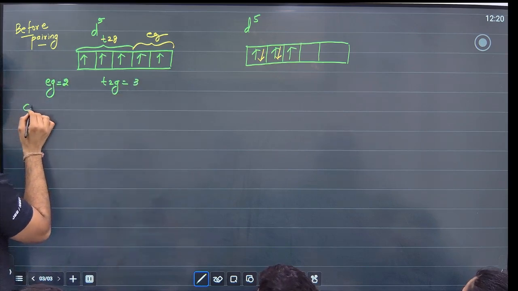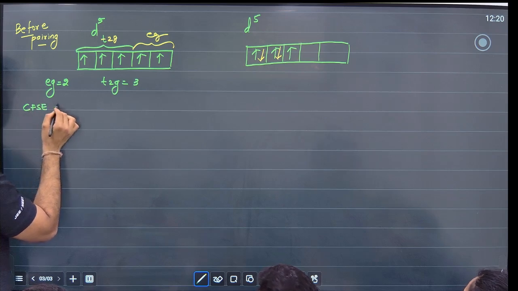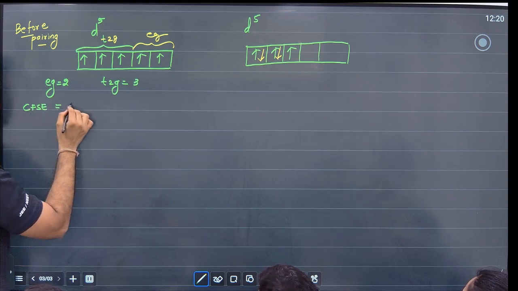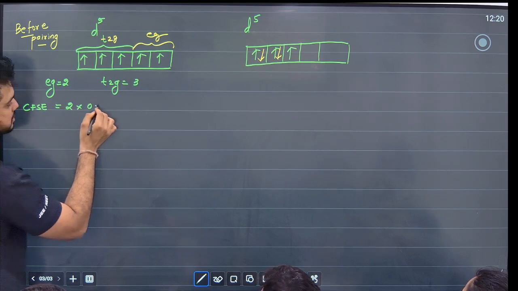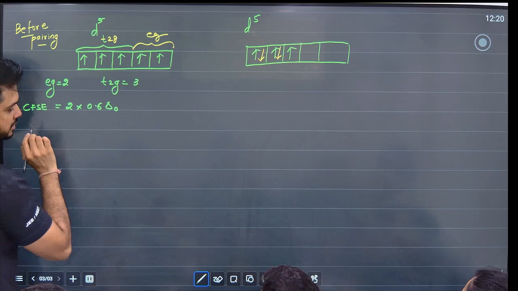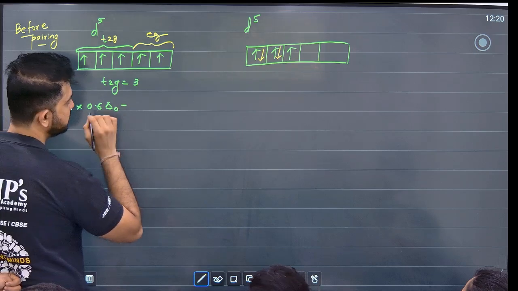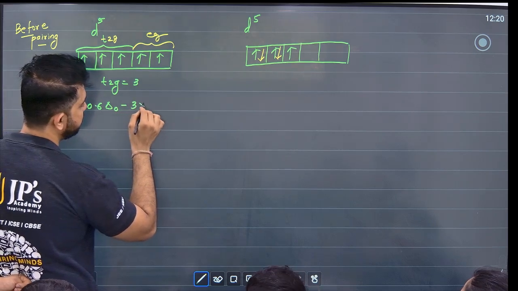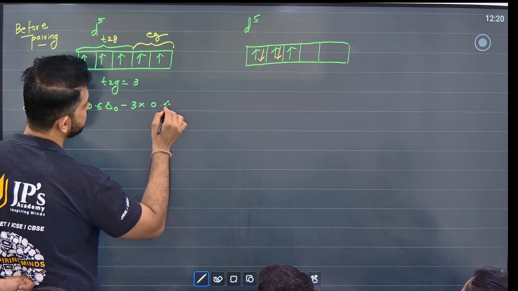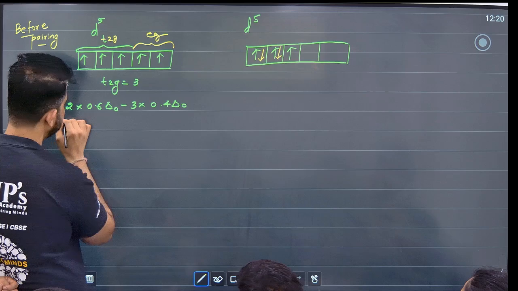Now find the CFSE value for me. 2 into 0.6 delta naught minus 3 into 0.4 delta naught. So how much is the total?